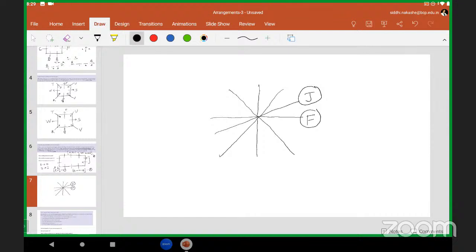Now we'll just put the directions over here, as it will be easier for us to conclude in the final. This is facing outside, this guy is facing inside. Now C is second to the left of F, which means if this is F over here, this will be 1, this will be 2. So C will be over here.